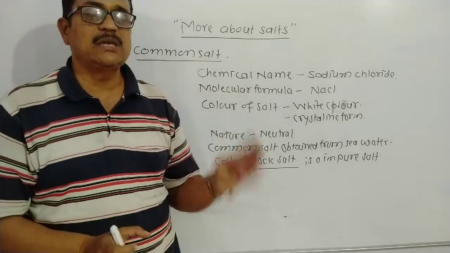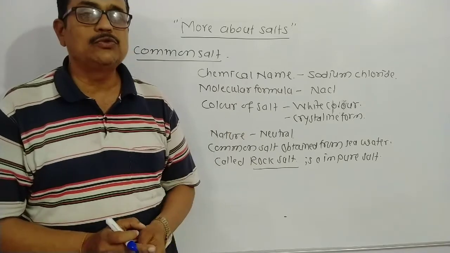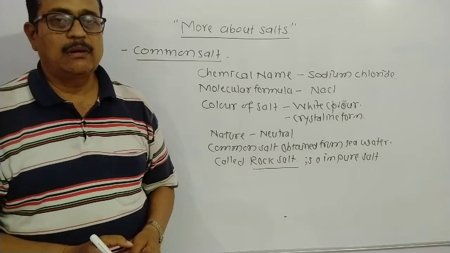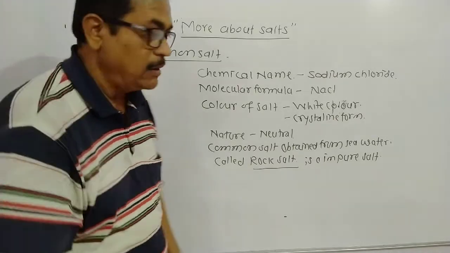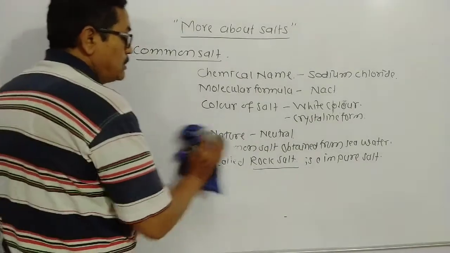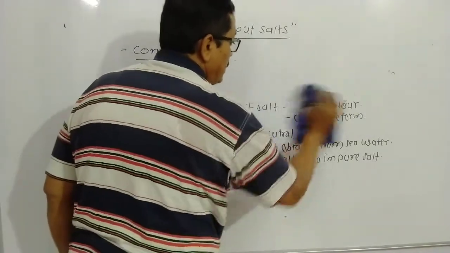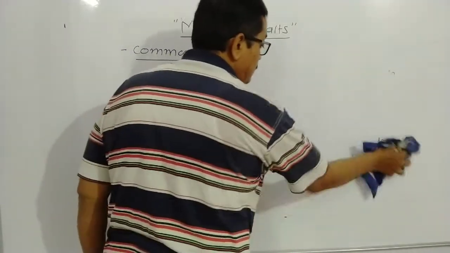In this way, these are the uses of common salt. How is it useful to prepare sodium hydroxide? Common salt is a raw material for different chemicals, and it is used to produce different chemical substances.